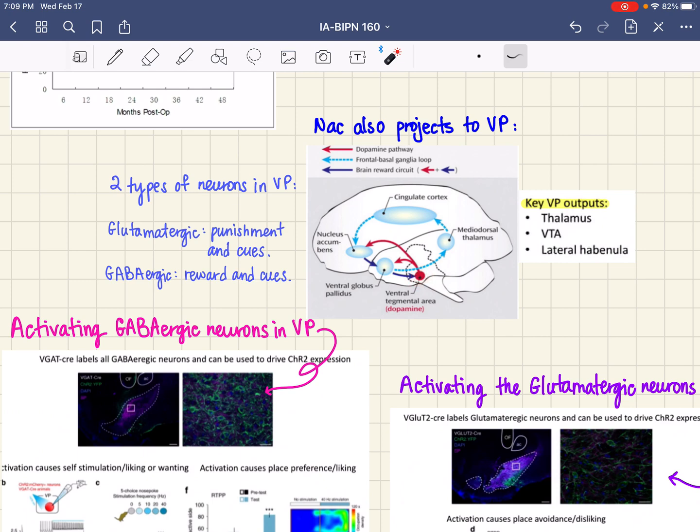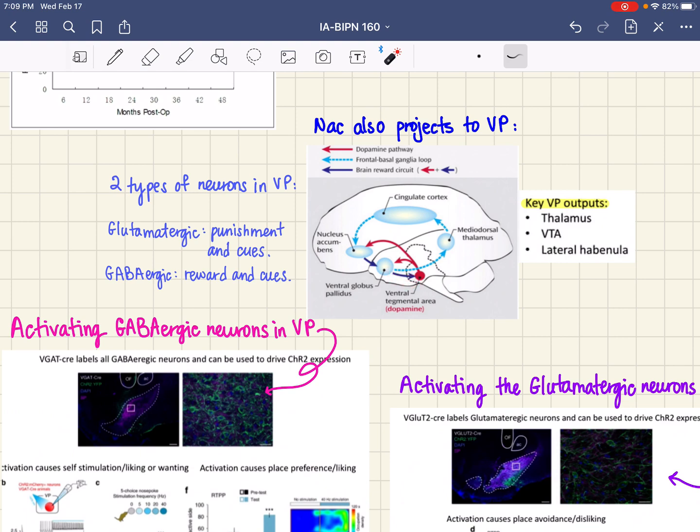It projects to the nucleus accumbens. Then the nucleus accumbens projects to the ventral pallidum and also to the ventral tegmental area, which is not shown here, but it also completes the circle back to the VTA. And then the VP also projects to the VTA.